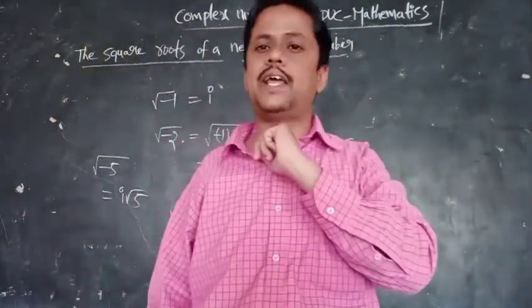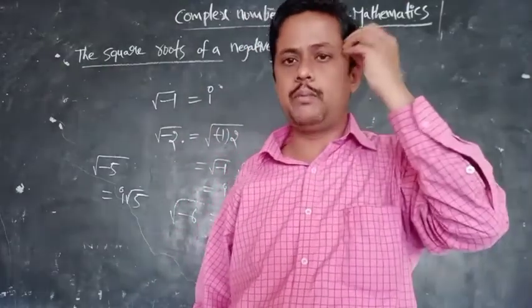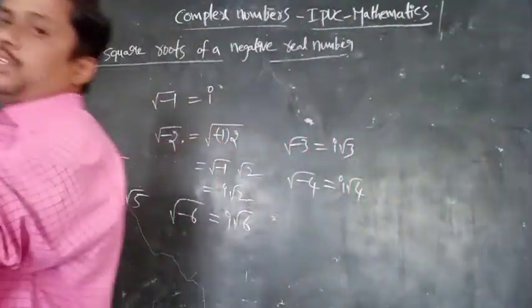Root of minus 6 is i into root 6. So the square root of a negative real number has to be written like this: when minus comes, i comes out and then root 6. Root of minus 10 is i into root 10. Keep this in your mind. This concept is very, very important. This is how we design complex numbers.